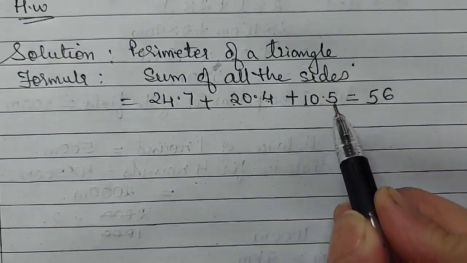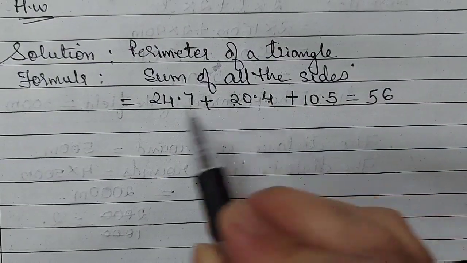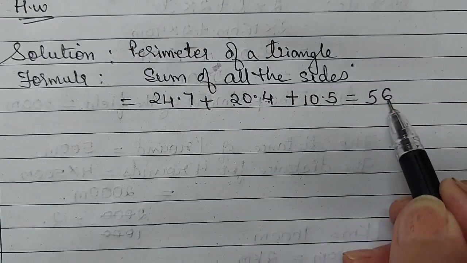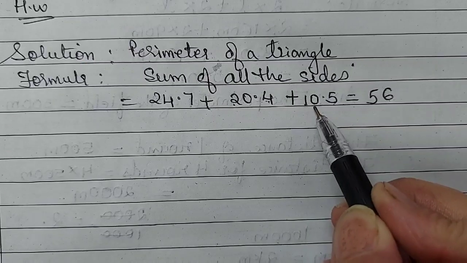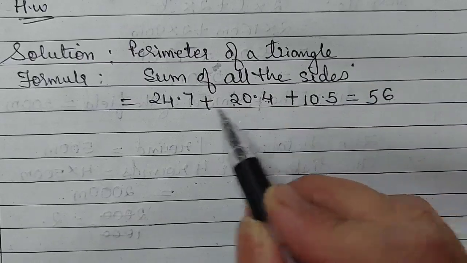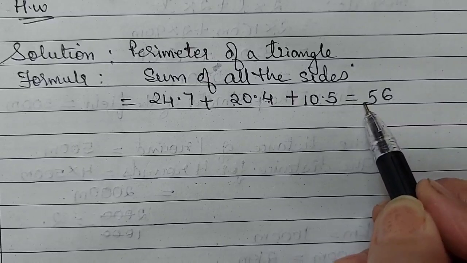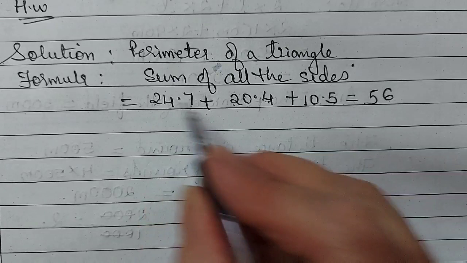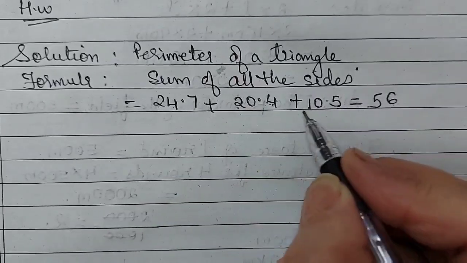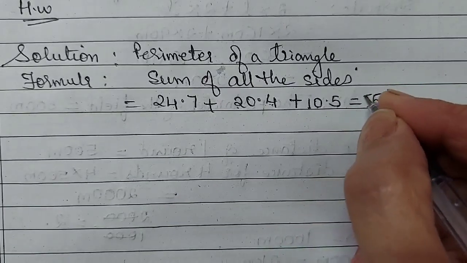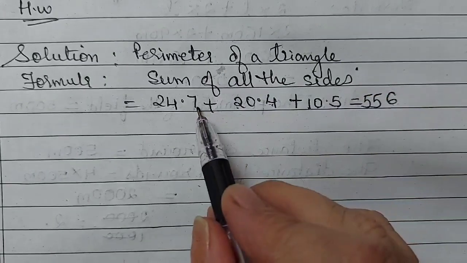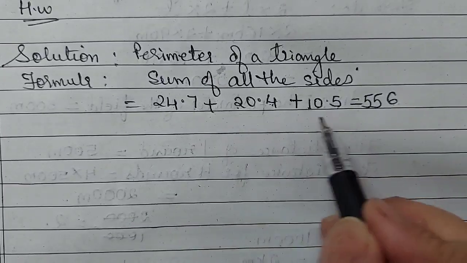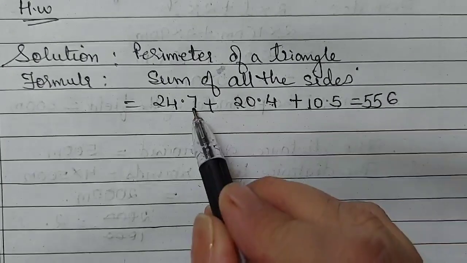So children, 5 plus 4 is 9, 9 plus 7 is 16, 1 carry and 6 here. So here comes what? 1 and 4 is 5. Right, children? That is 55. Here is 2 and here is 2, 4 and here is 1, 5. So this is 55. Now where is the decimal point? Decimal point is before one number in all the figures given, 1 digit.